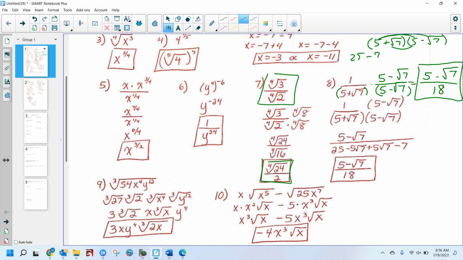Why aren't I allowed to raise the numerator and denominator to the 4th power? Or just the whole fraction to the 4th power? Because when you multiply it by the 4th root of 8 over the 4th root of 8, you're just multiplying it by 1. So it doesn't actually change. So we're multiplying by 1 in disguise, right? A fancy 1. If you raise the whole thing to the 4th power, you've made the whole fraction times itself.